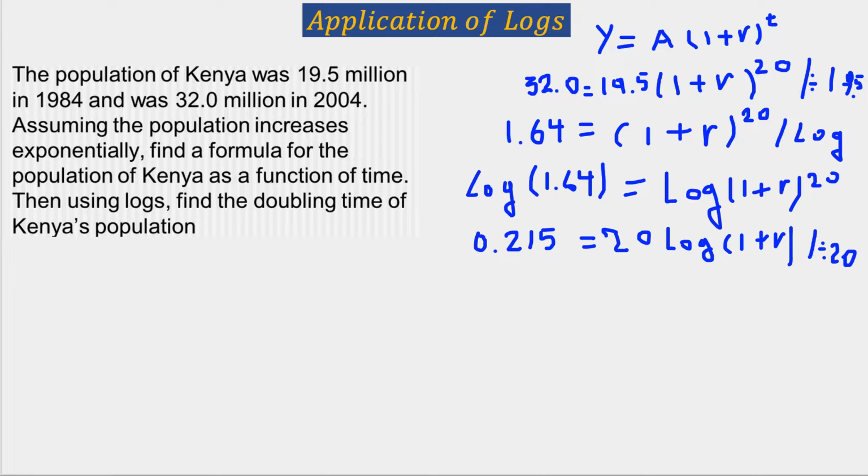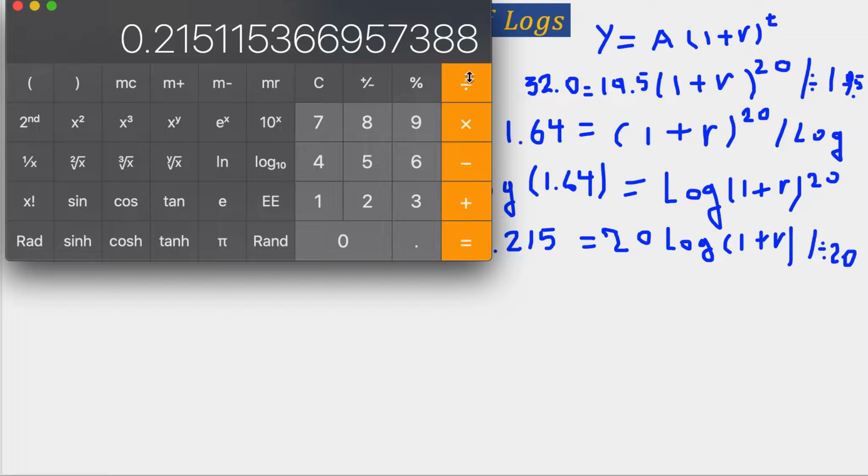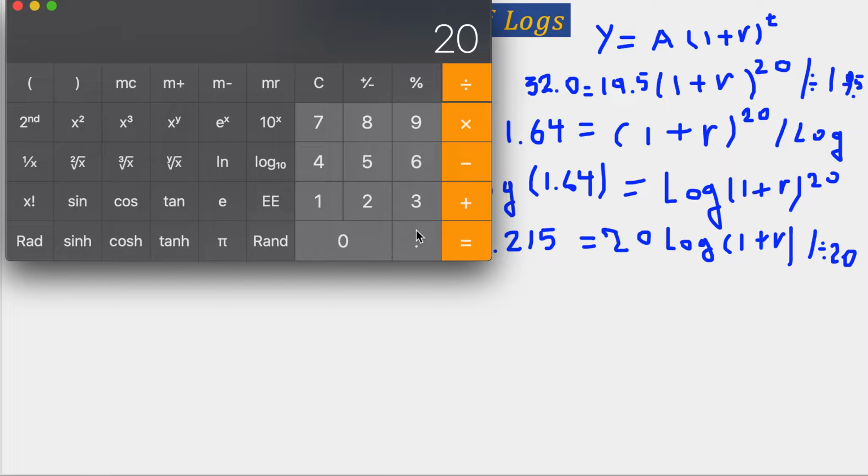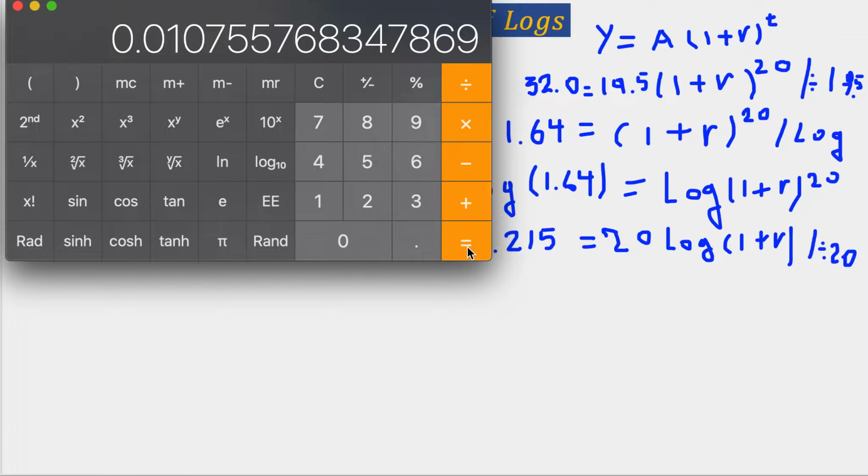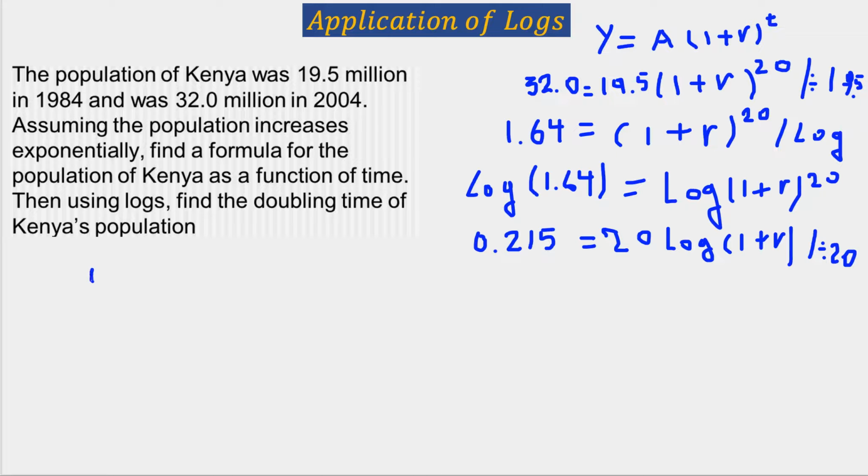When I divide by 20, I get 0.0107. On the other side, the 20 disappears, and what remains is the log of 1 plus r. So now it's a simpler equation than it was before.